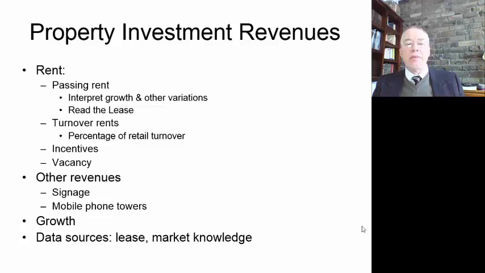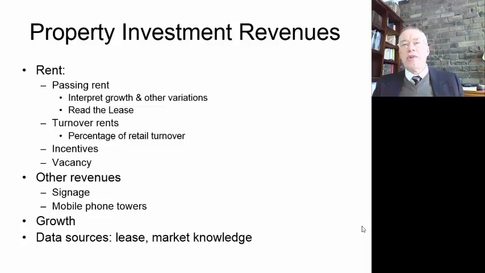We can have other revenues. We've already mentioned signage and used that as an indication of the other property rents that can come. We've mentioned mobile phone towers and so on, but there's actually quite a few, and so you've got to be aware of all of the sources of revenue.